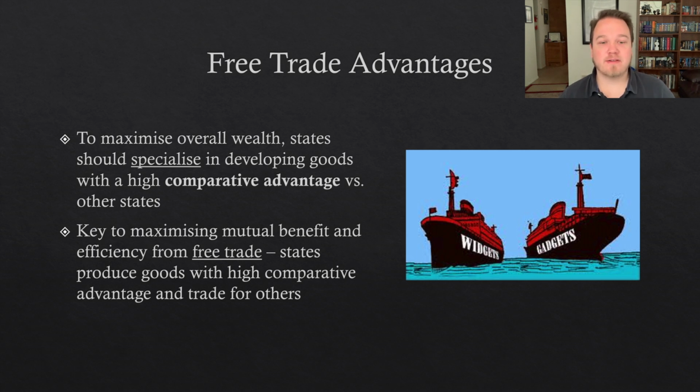So this is kind of a benefit. Countries will specialize in things, especially products that will give what we call a comparative advantage. So things that are high demand products around the world. We also see that the key to maximizing this effort is to produce as many of those goods as possible so that you're putting yourself into a somewhat economically superior position to other countries around the world.